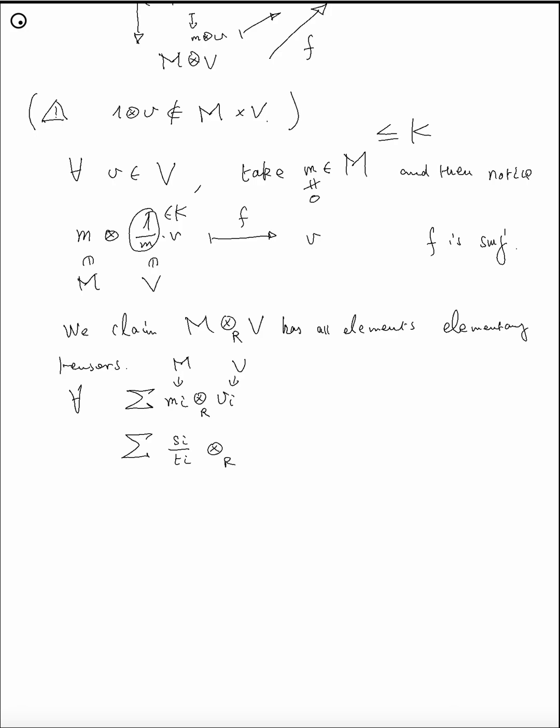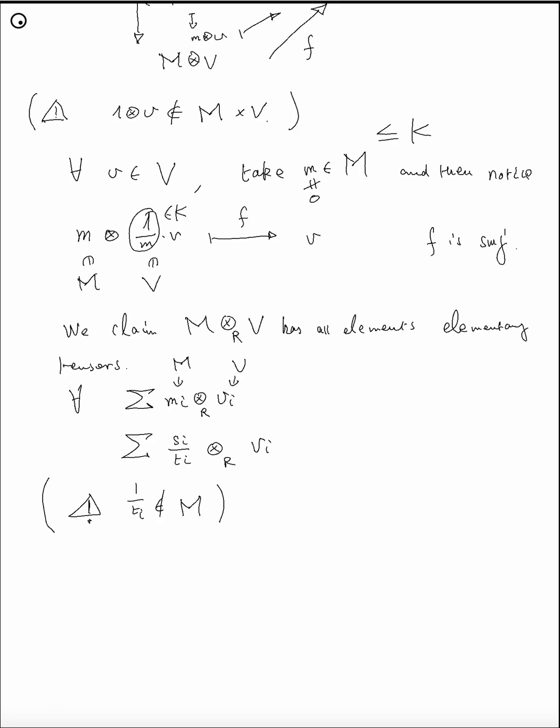You cannot simply move it to the right hand side, right? Because we don't know 1 over ti is in M or not. In general, it's not.